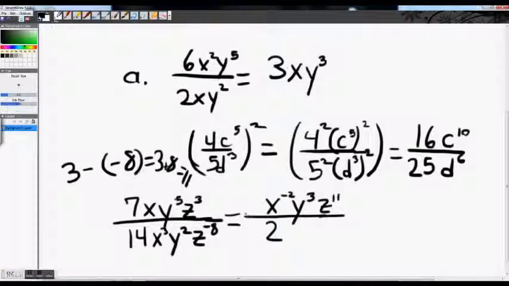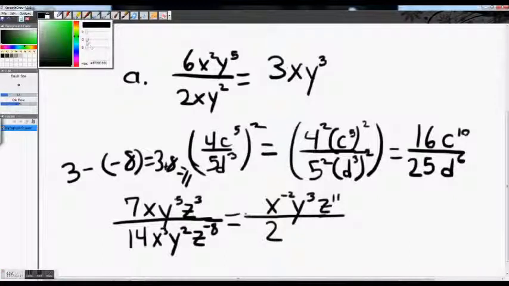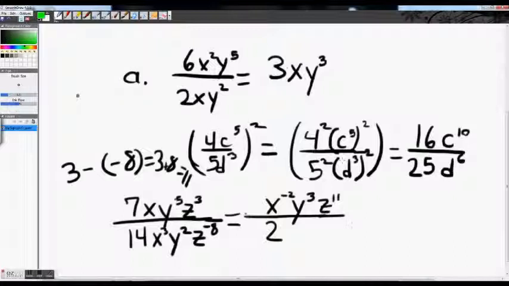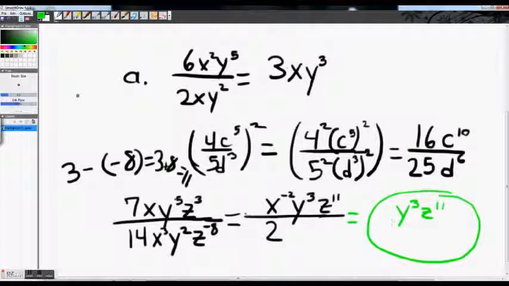Now, let's use a different color. How about green? We try to write this so that we don't have negative exponents. Now, remember how x to a negative exponent was 1 over x to that exponent. Because of that, we can write this correctly as y cubed times z to the 11th over 2x squared.